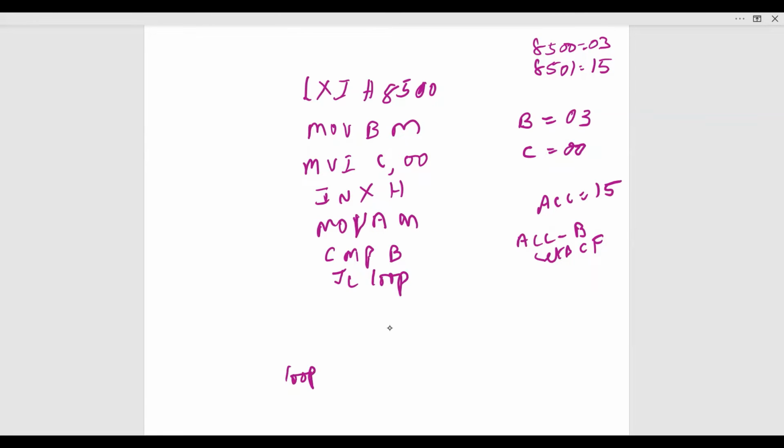When will it get a carry? The compare operation performs the subtraction and sets the carry flag, but it does not save the value. So compare B will set the carry flag if there is a carry.